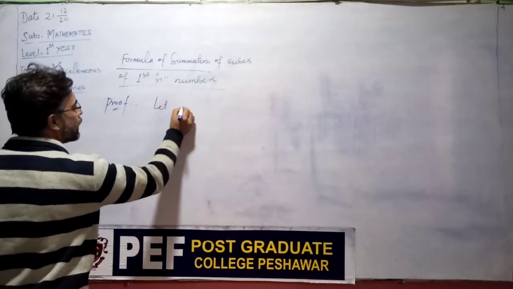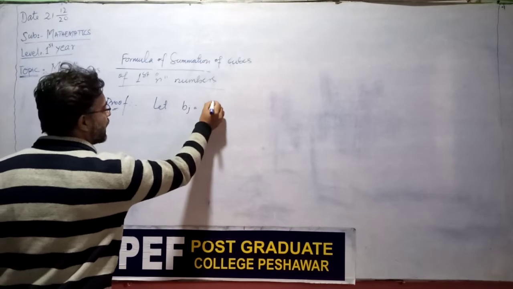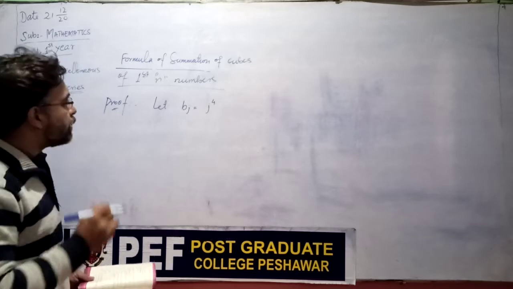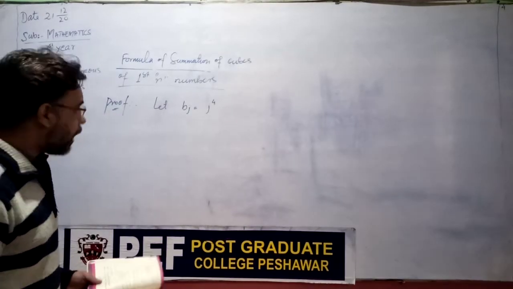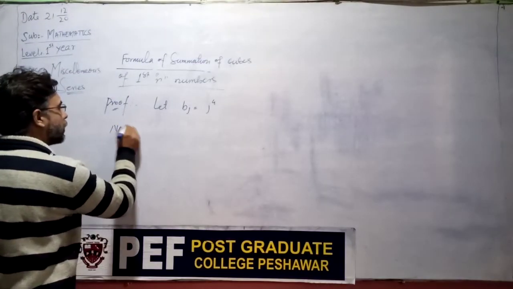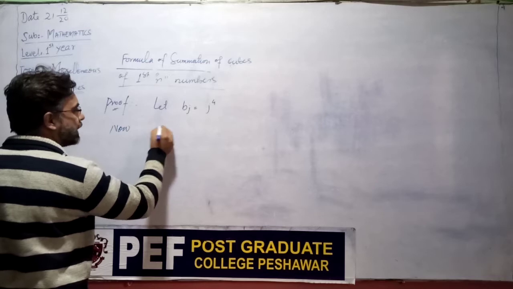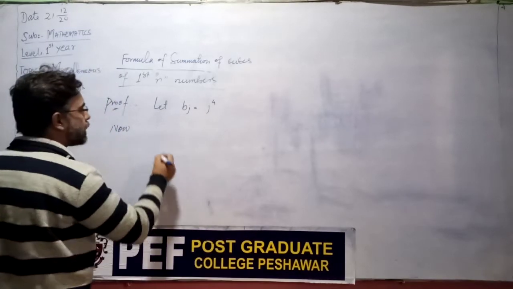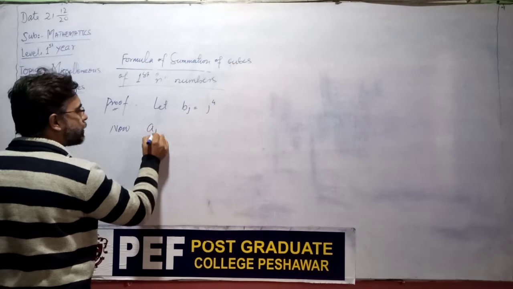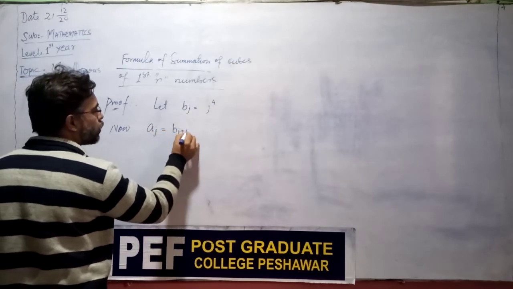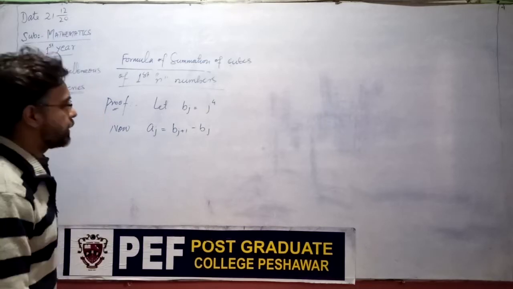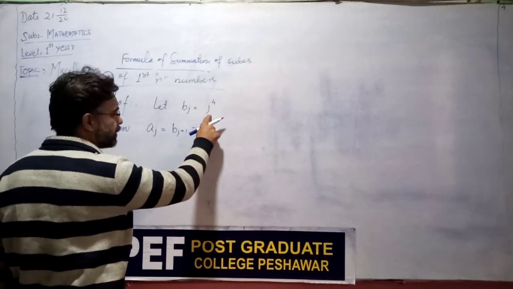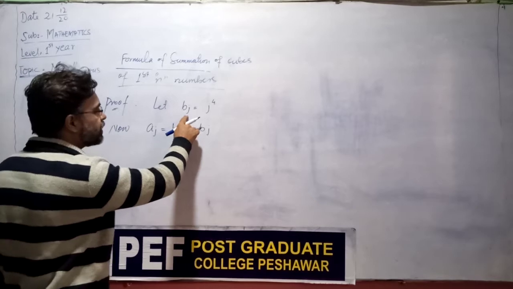Let Bj be a sequence, defined as j^4. Now we are considering the difference formula for the consecutive terms of this sequence, which, as you know from the previous lecture, is defined by Aj = Bj+1 - Bj. Since Bj is defined as j^4, I will replace j by j+1.